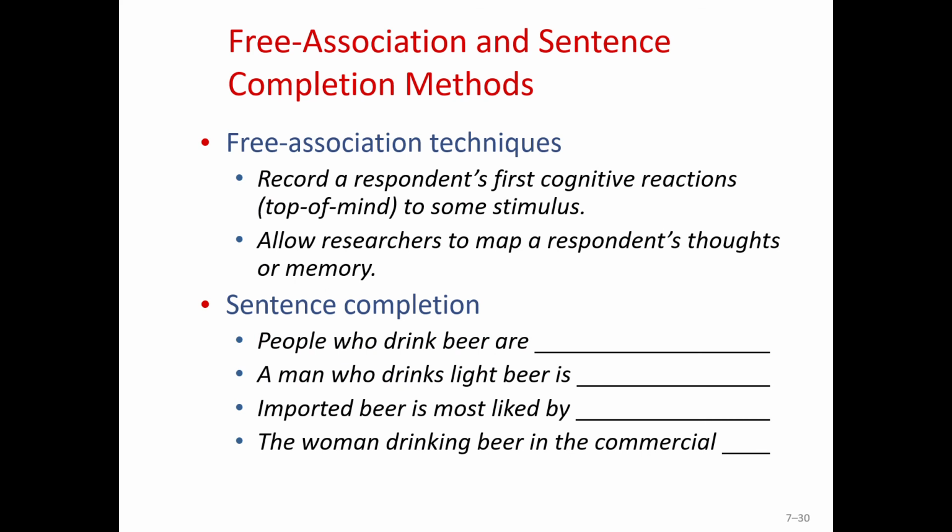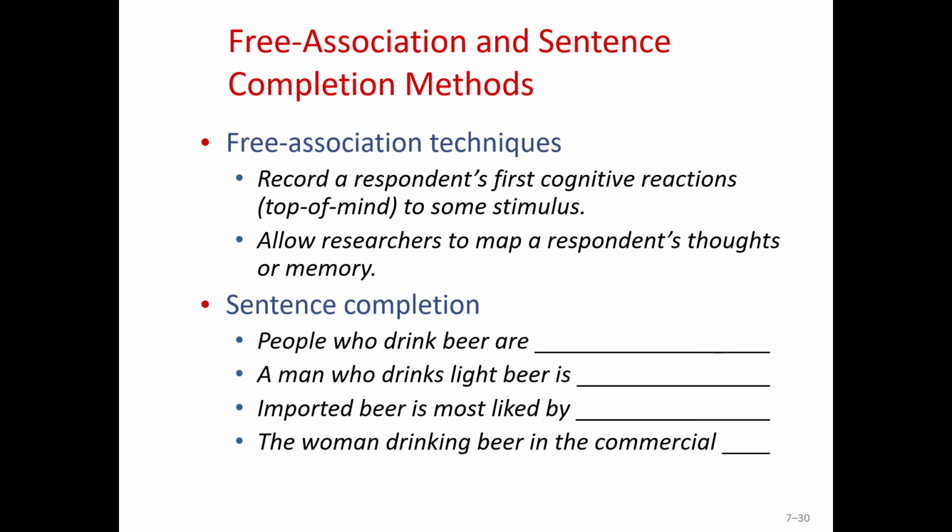Free association and sentence completion methods. The free association technique simply records a respondent's first cognitive reaction, top of mind, to some stimulus. The Rorschach, an inkblot test, typifies the free association method, and respondents view an ambiguous figure and are asked to say the first thing that comes to mind.